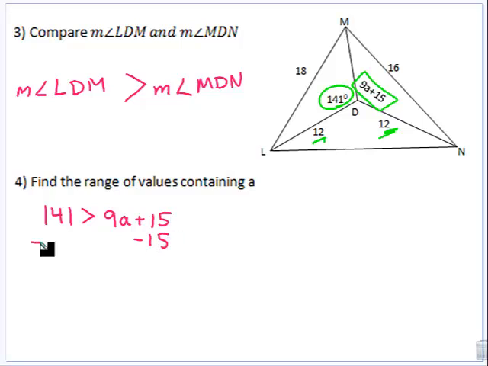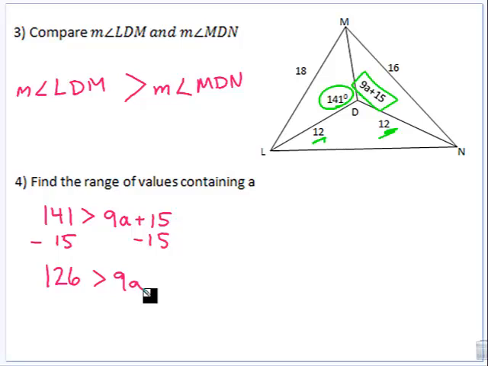Okay, subtract 15. 126 is greater than 9A. That's a much better answer than 121.